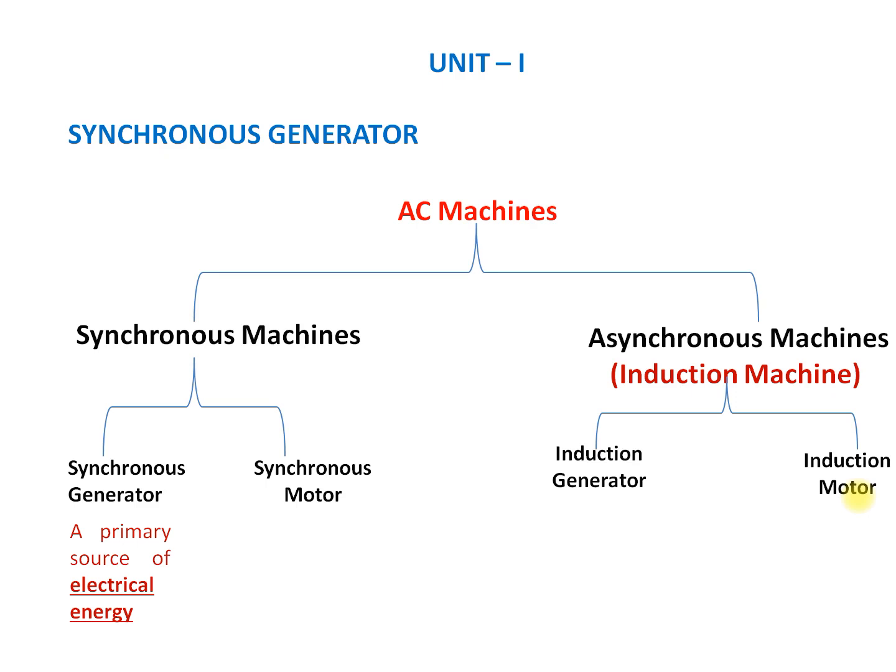So the main primary source of electrical energy, the AC power supply, is produced by these synchronous generators.